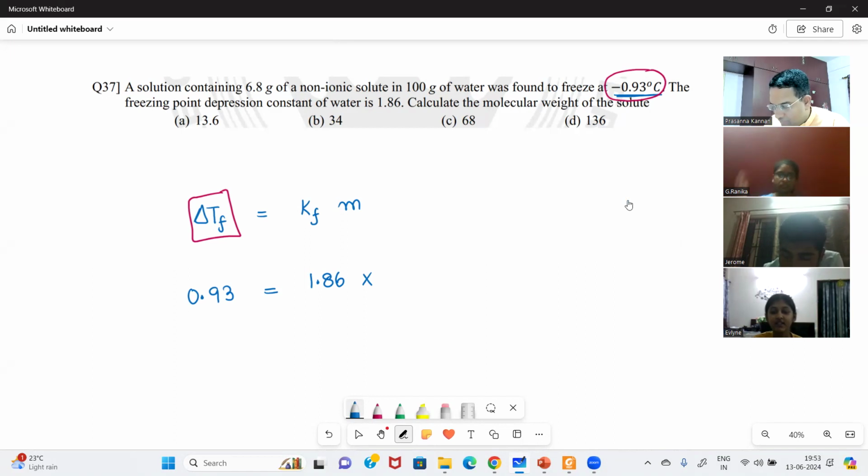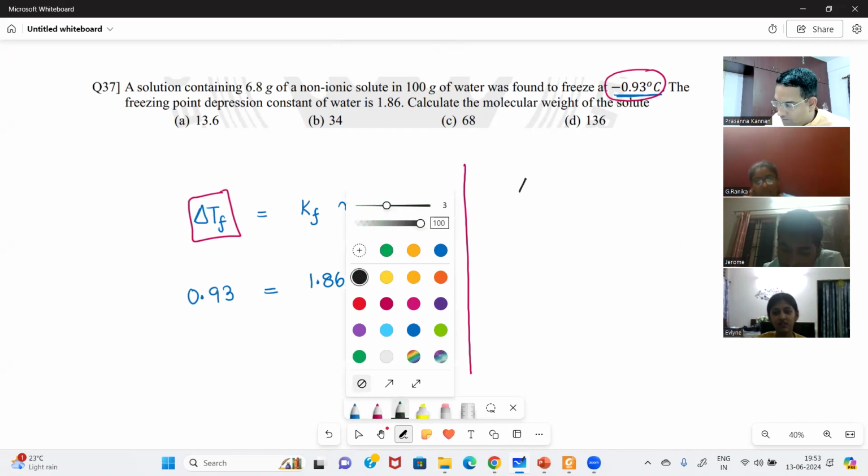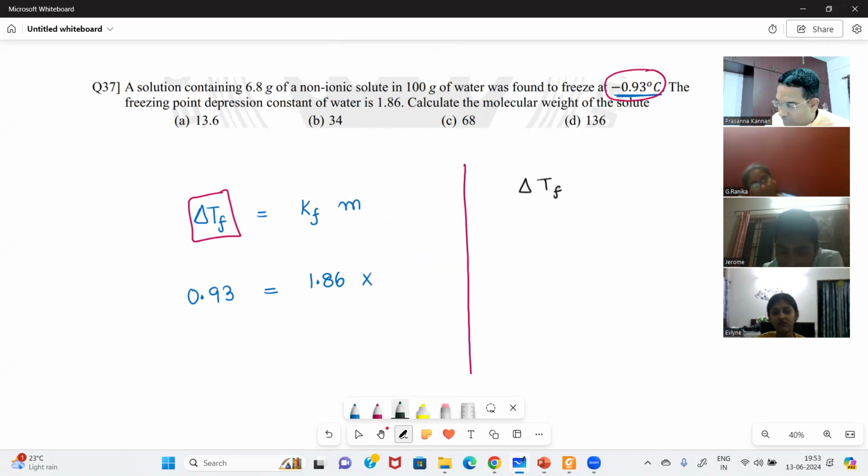Sir, here it is said that the solution is found to freeze at minus 0.93, so it's not delta Tf, no, sir? No, it's the freezing point of the solution. Correct, Evelyn. What is delta Tf? Tell me, Evelyn. It's the temperature at which your water freezes, minus the temperature at which your solution freezes, right?